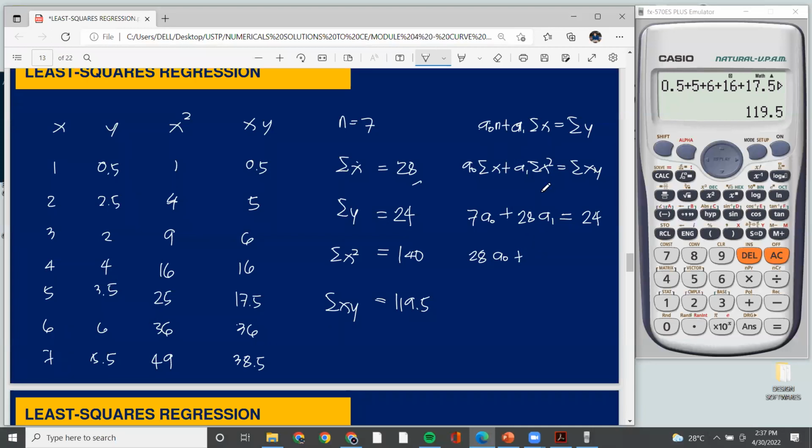Plus summation of x squared, we have 140 times A sub 1, equal to 119.5.